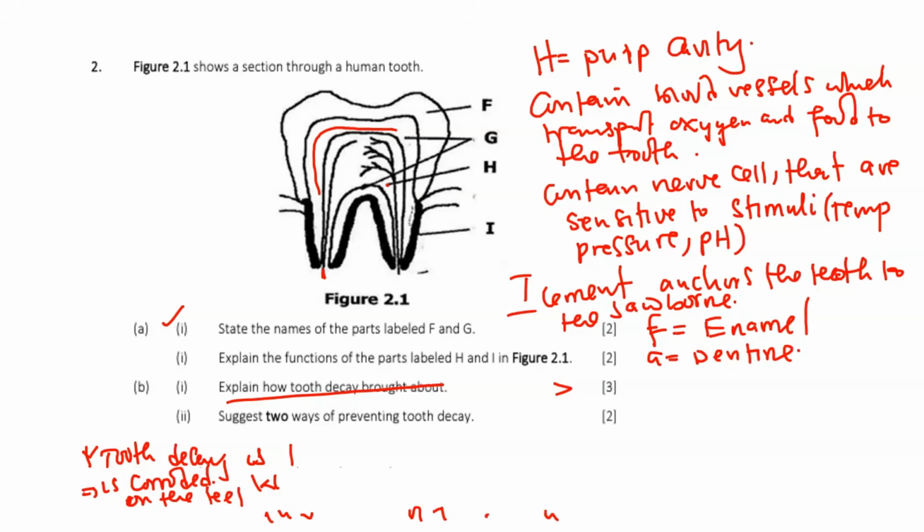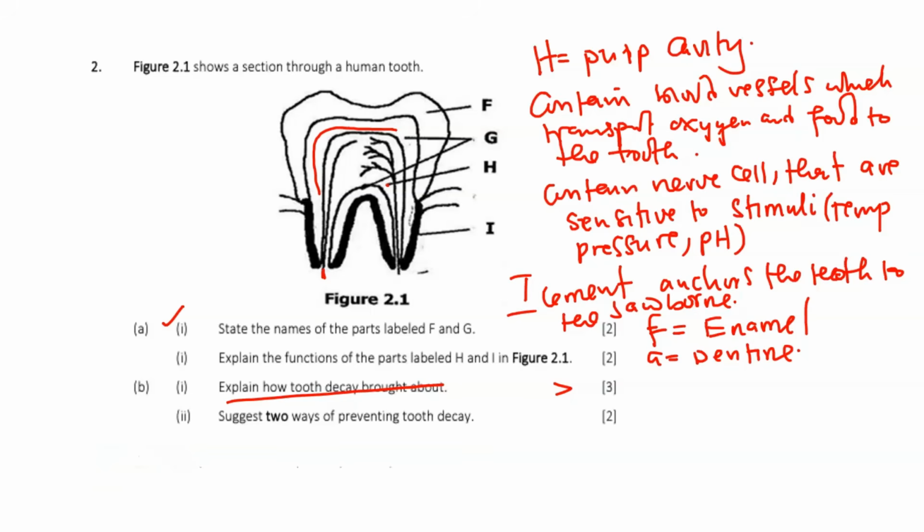The other way is to avoid intake of sugary food, because sugary foods contribute to tooth decay, as you've seen mostly in babies or young ones who like sweets. The other one is regular visits: you visit the dentist at least twice per year. In that way, you can get medical advice, and of course you can prevent tooth decay.